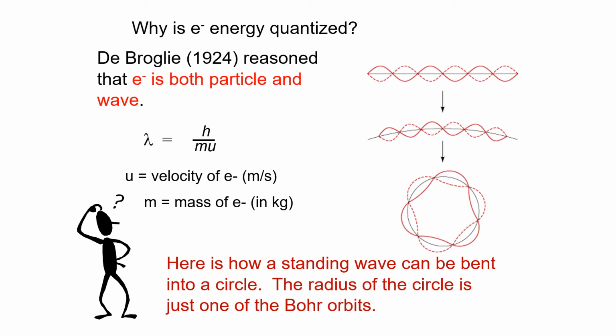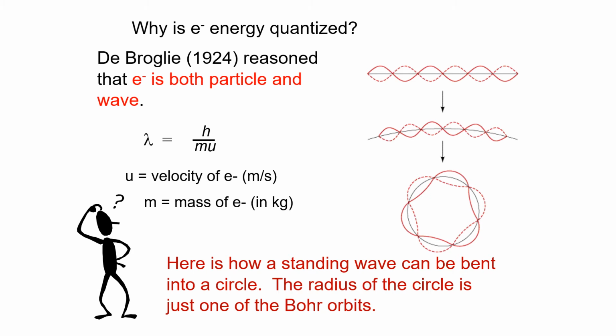So why is energy quantized? de Broglie reasoned that it's because the electron has properties of both particles and waves.